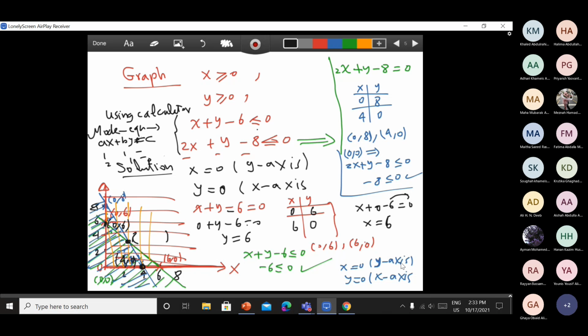For the other one, 2x plus y equal to 8. So you can go for this one like that. 2 and 4, yes. So this is 2 and 4. This is how to solve this one together.